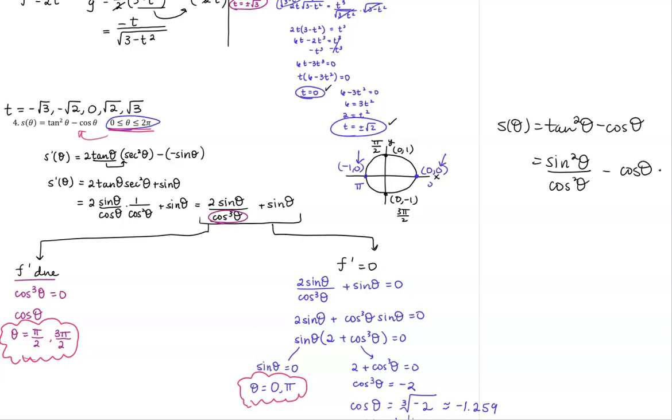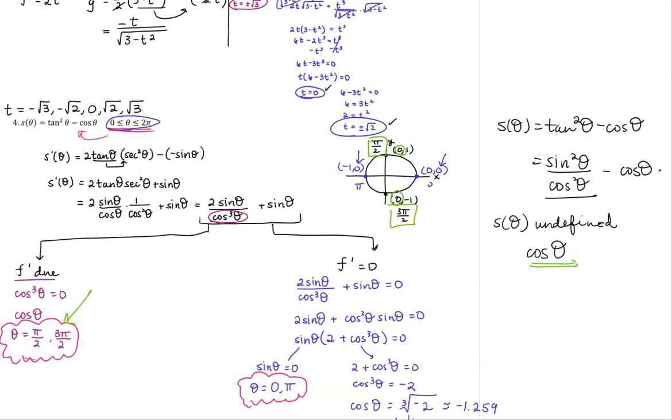So we know that s of theta is undefined wherever the denominator would equal 0. And in the denominator we have that cosine squared. So the function is undefined wherever cosine is equal to 0. And cosine is equal to 0 where the x-coordinate equals 0 on the unit circle, at pi over 2 and 3 pi over 2.